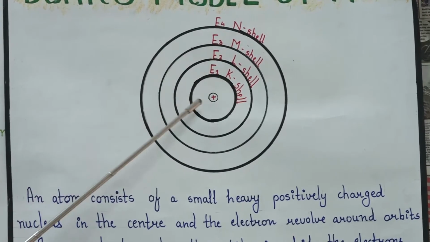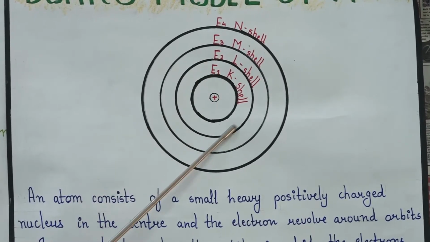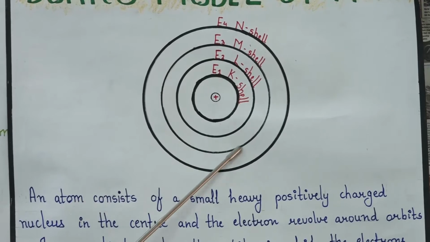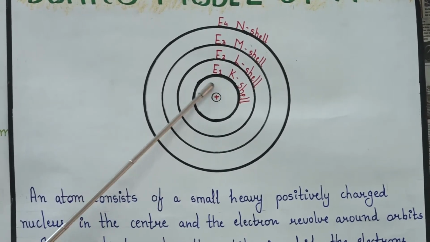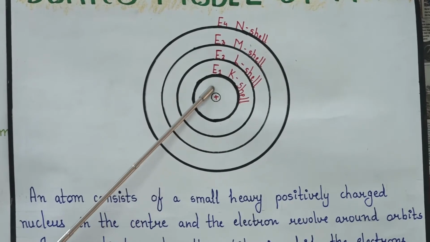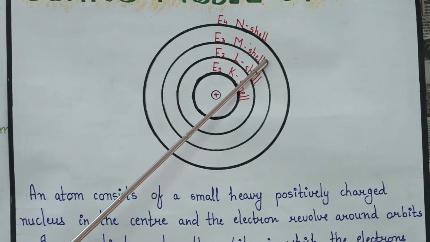The energy of these shells increases as we move outwards from the nucleus. But the gaps between the successive energy shells decrease as we move outwards from the nucleus.